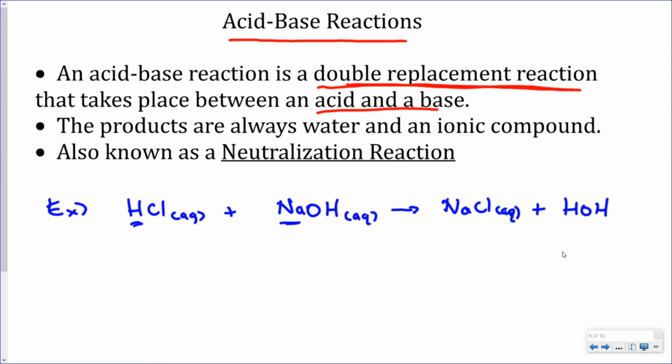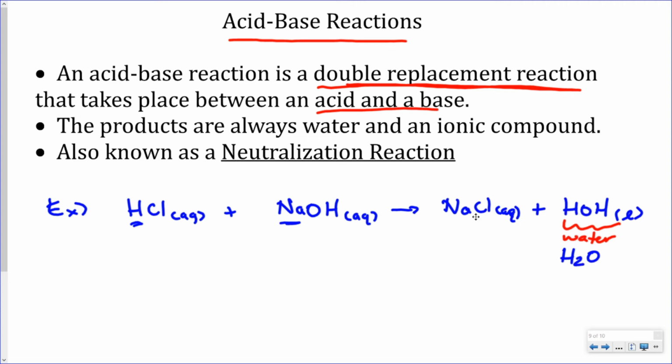Well, normally we would combine these two hydrogens and call this H2O. This is water. And what state should we write for water? Probably liquid. So you can see we actually ended up with an ionic compound, sodium chloride, and water. And you can feel free to write it as HOH or H2O. It's really up to you.